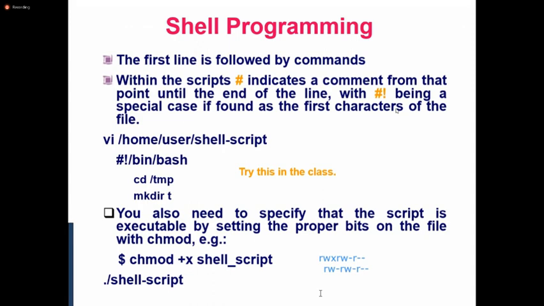When you type chmod plus x, it will change to the above one. The executable will be added. So plus x means executable will be added. If you type minus x, then the executable permission will be removed. So this is also another way of writing this command.